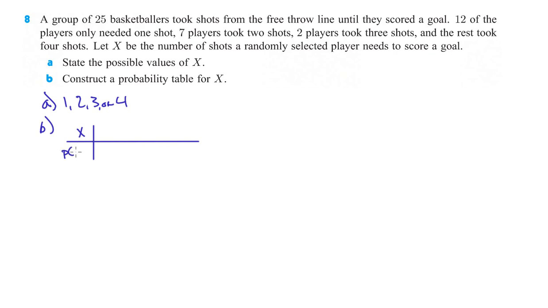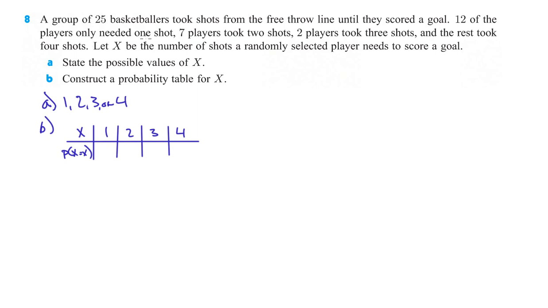So this will be the probability of X equaling x, capital X equaling little x. Not terribly important at this point. So this would be 1, 2, 3, or 4.